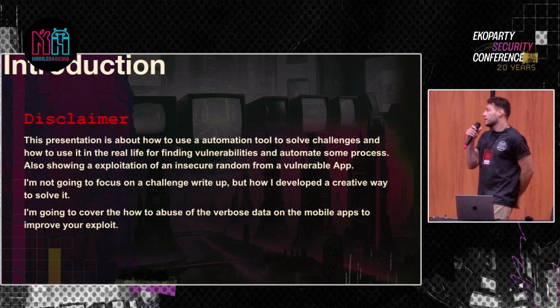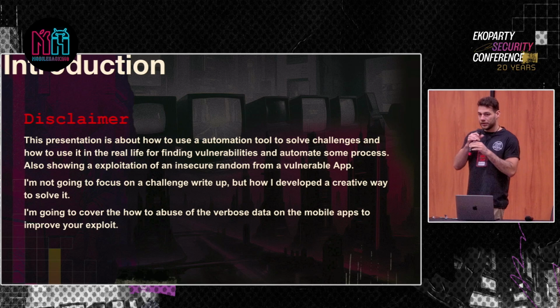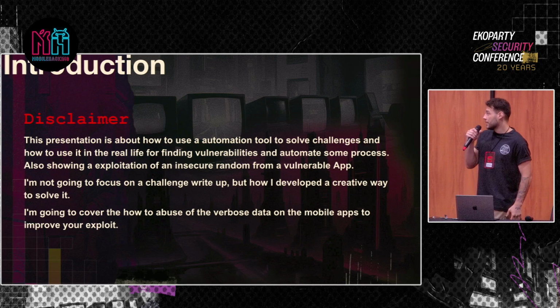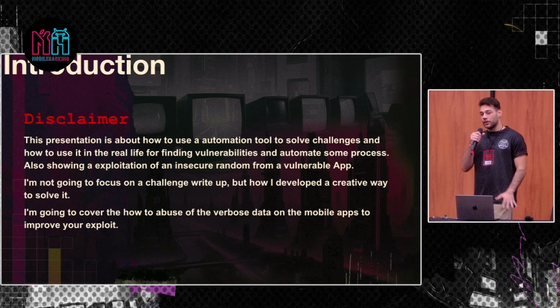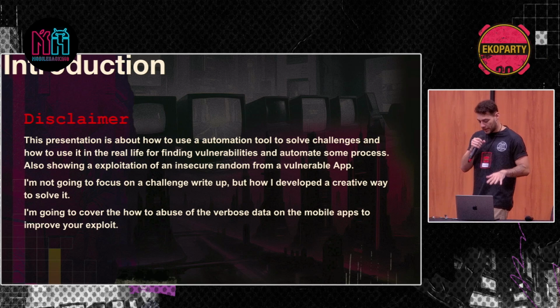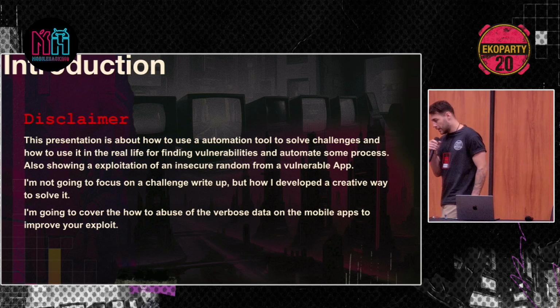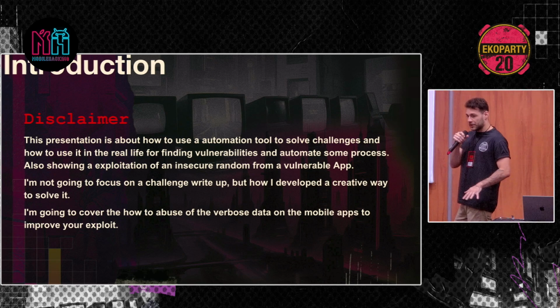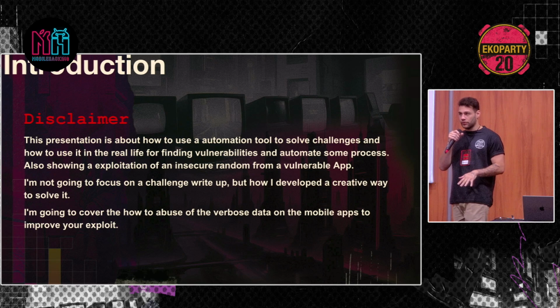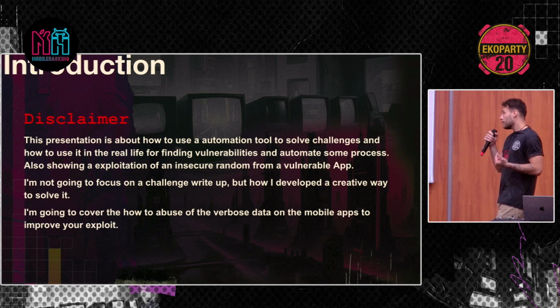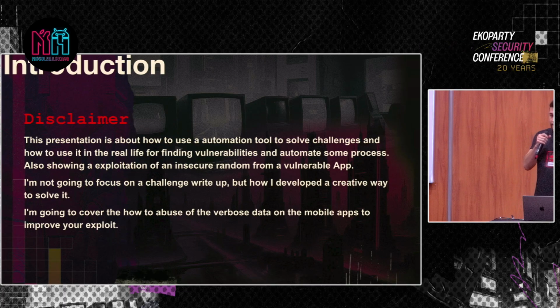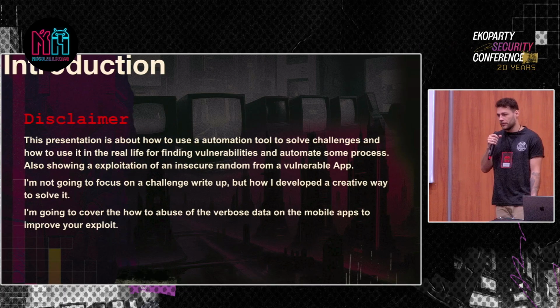Let's go to the introduction. I put the disclaimer right here because in this presentation, I'm not going to focus on the challenge write-up. I'm going to show you two different vulnerable applications, and the focus is not to go through the right-up challenge, but to show you how I created a new way to exploit or solve it.